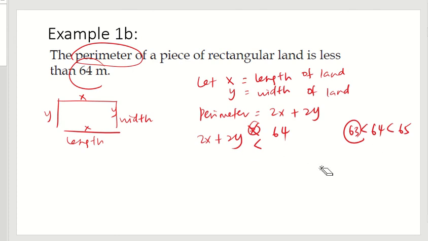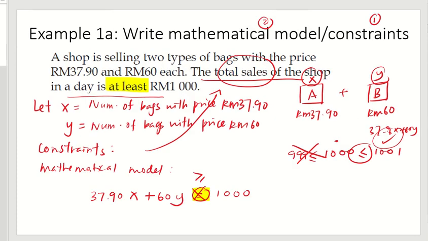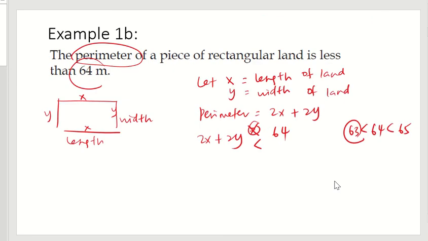And also we go back to 1A. Students always make the common mistake. RM. Can or not? Cannot. You cannot put RM. No unit here. For the inequality or the equation, don't put the unit inside. Only the final answer, then we put the unit.